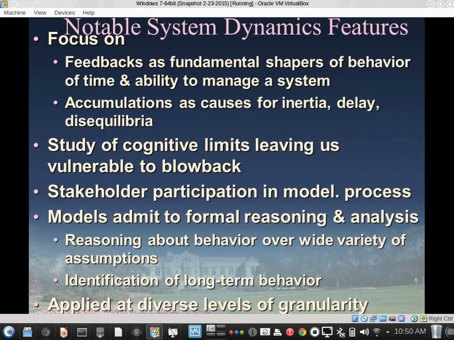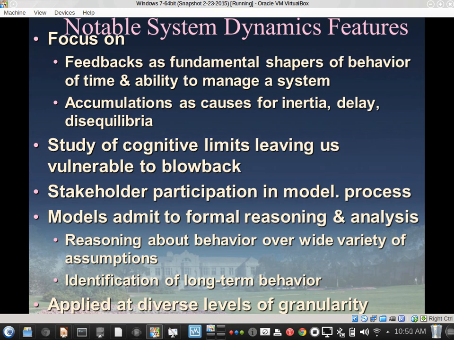So what is system dynamics? Well, here's a couple features of it. It focuses on feedbacks as the fundamental shaper of behavior. Turns out that feedback drives a lot of system behavior. If you have a vicious cycle, it's very hard to pull away from that. If you have a balancing loop, a situation that's regulatory, like co-regulation or self-regulation, if it's working well, it can be a very, very powerful mode towards stability.